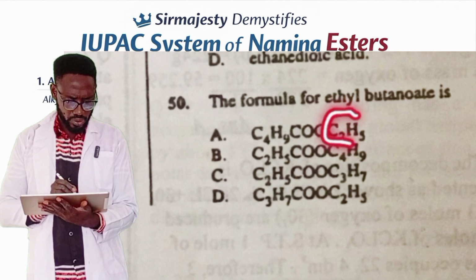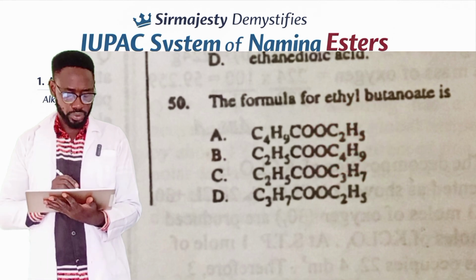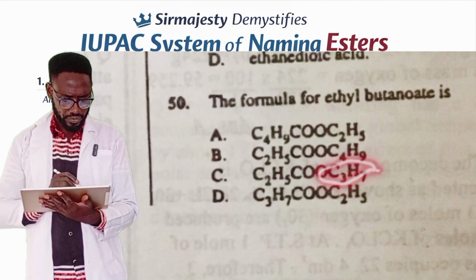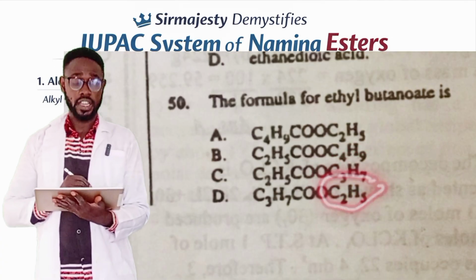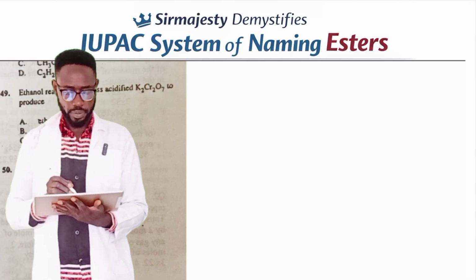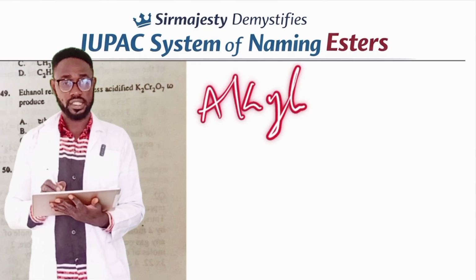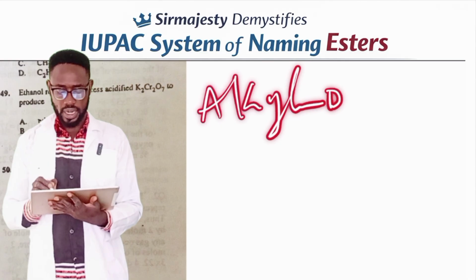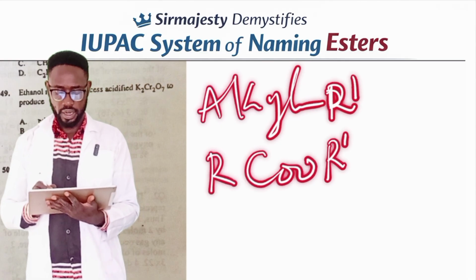Now, this is the C2H5, ethyl. C4H9, we call it butyl. C3H7, propyl. Then C2H5 is still ethyl. So remember we are using the alkyl: the last R takes the alkyl name, while the other R, remember RCOOR'.